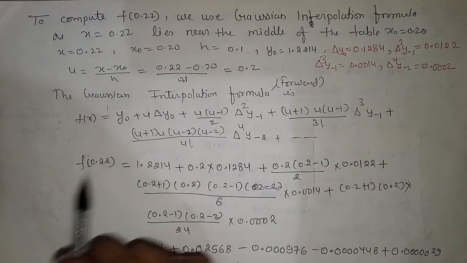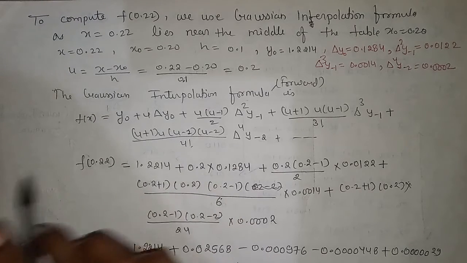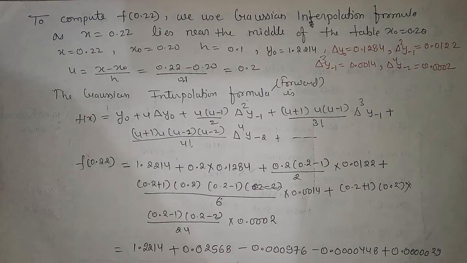So by the Gauss forward interpolation formula, this is the formula. Actually the formula is the same for the case of even and odd, but in the case of even we have to take care of x0, which of the middle two values we select as x0 and which as x1. In the odd case there is no issue. Which formula you are using actually matters for the selection of x0.